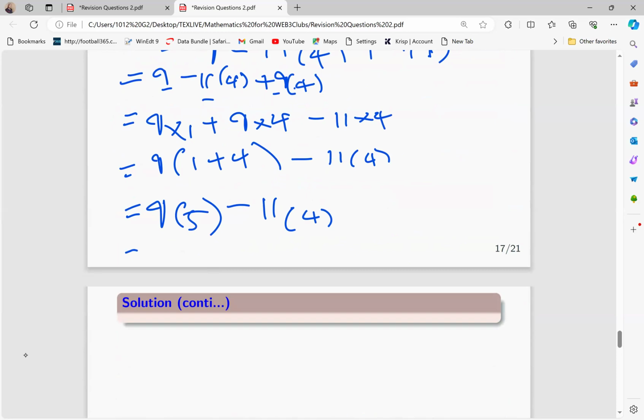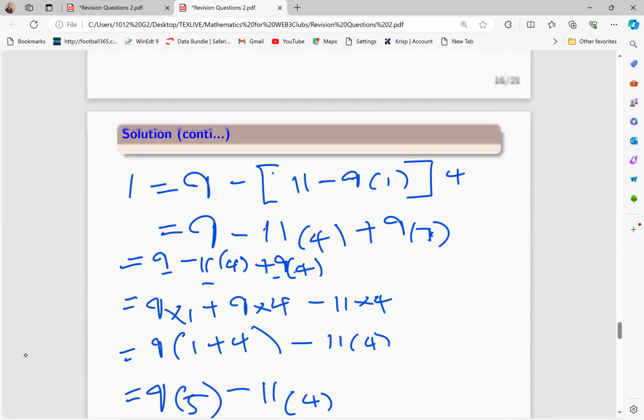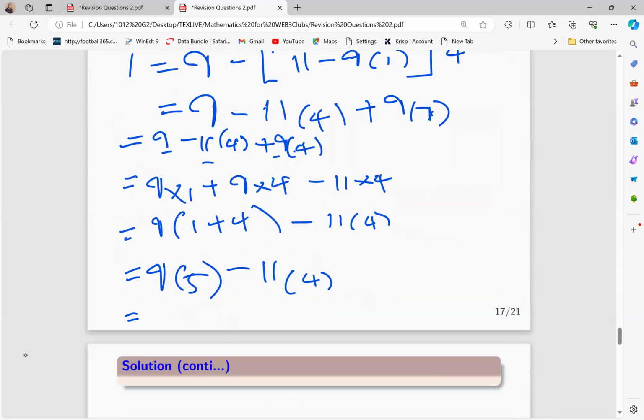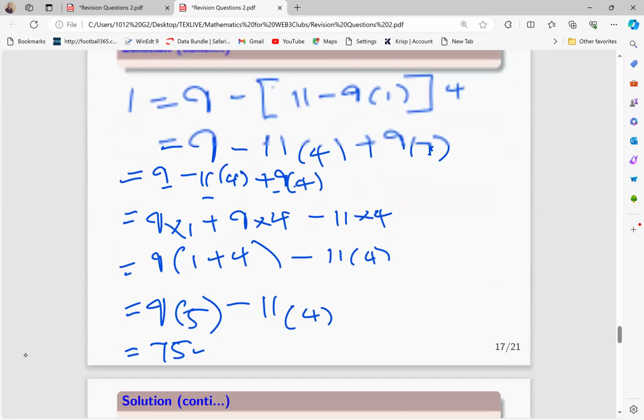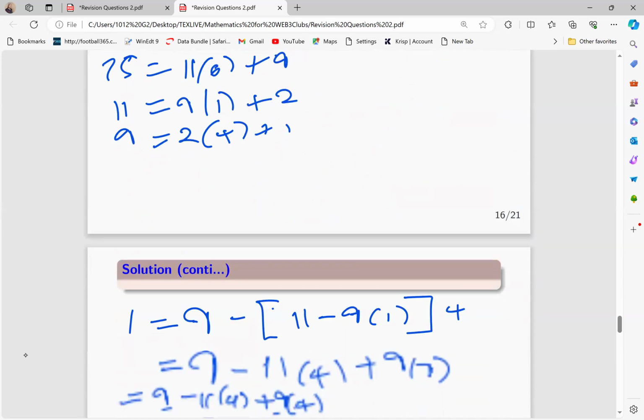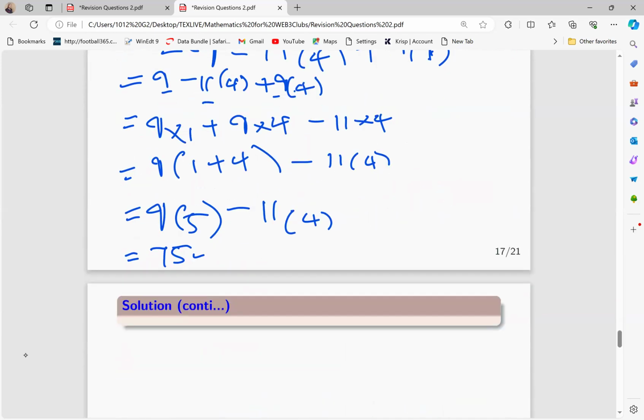So here the 75 should be, 75 minus 11 and 6. 11 minus 11 and 6, written in the bracket, because there's a 5 outside.